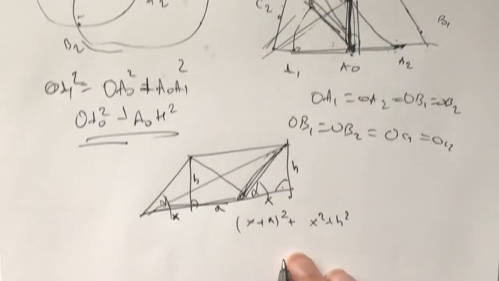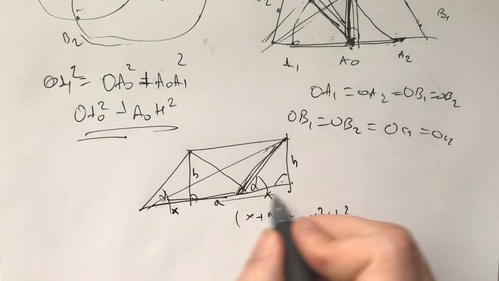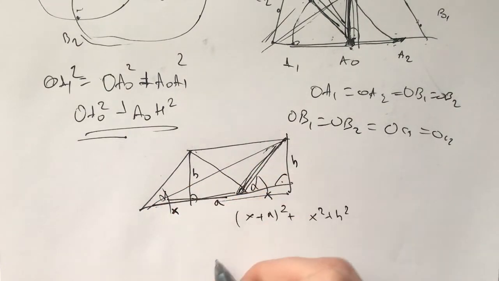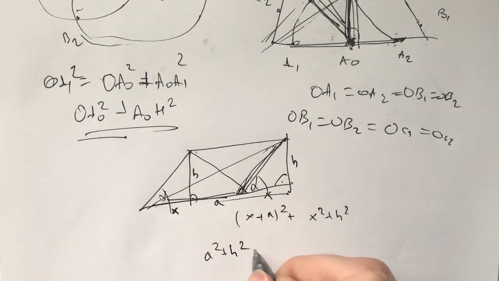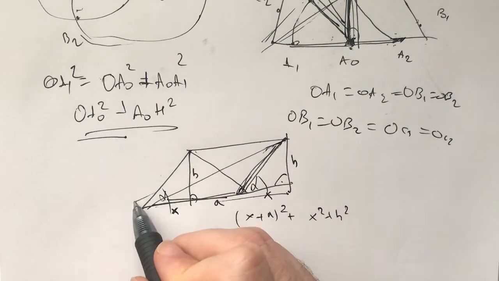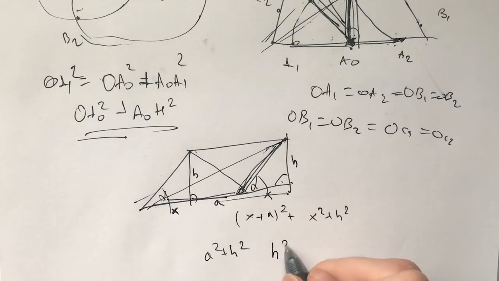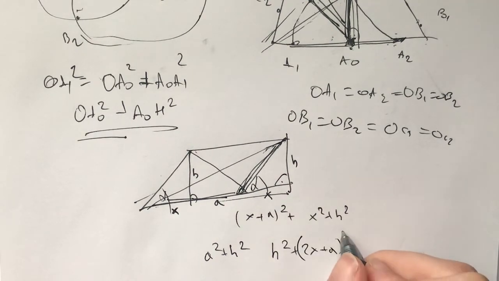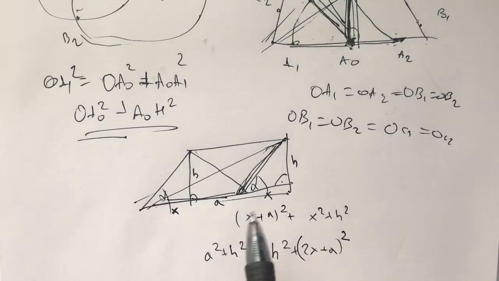Now the sum of the squares of the diagonals, let's do one by one. We have this diagonal, a squared plus h squared, and then we have this big diagonal, which is h squared plus 2x plus a squared, question mark. Did I sum anything wrong?